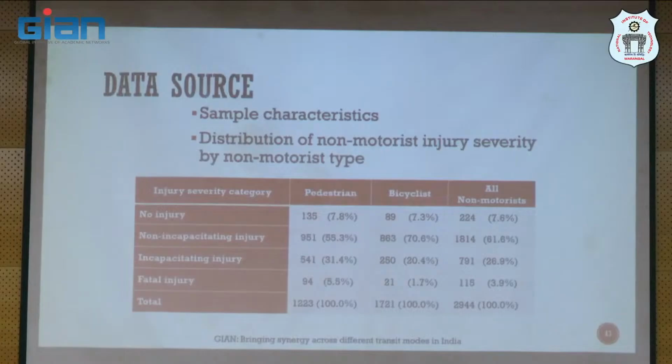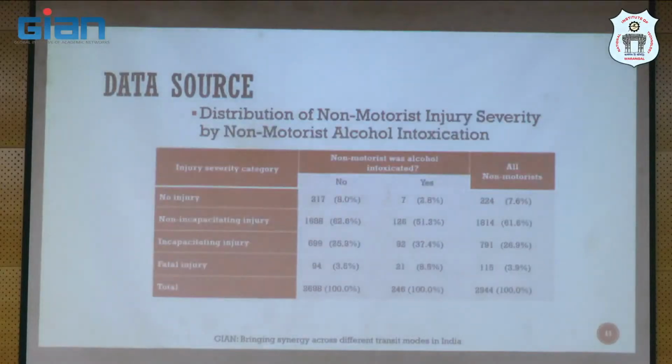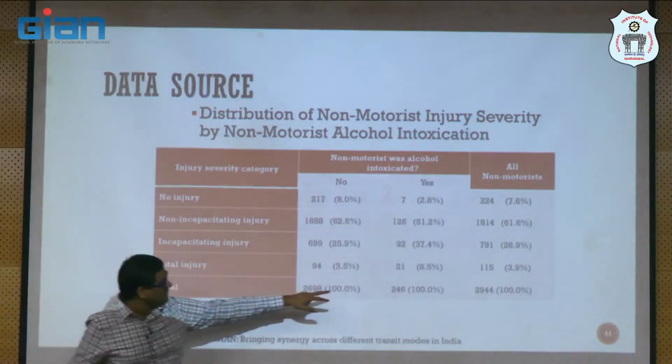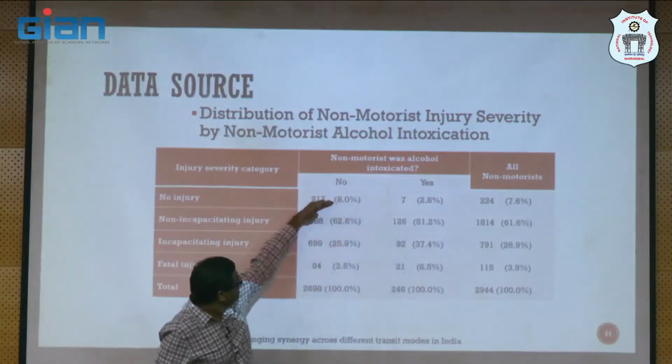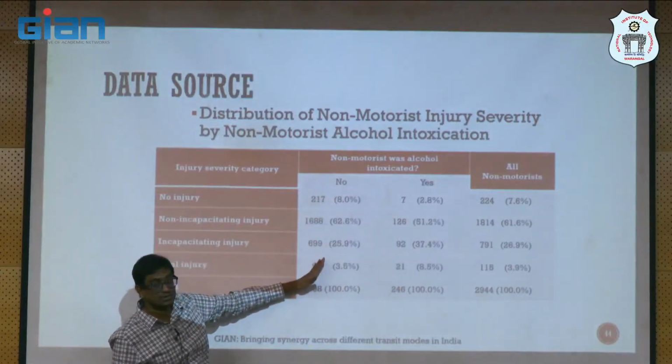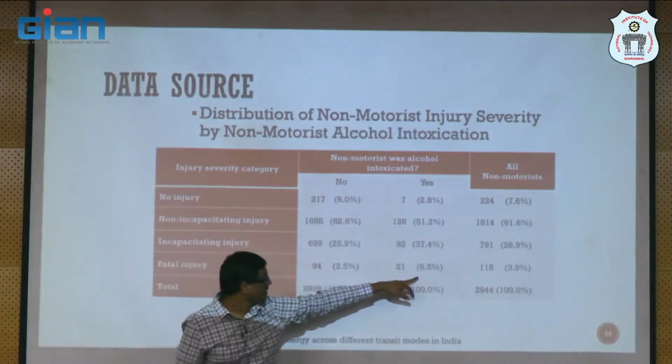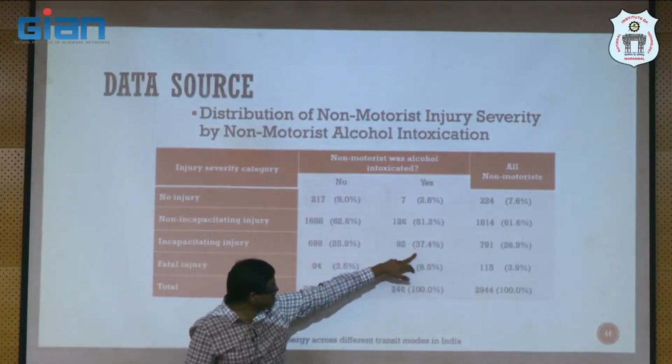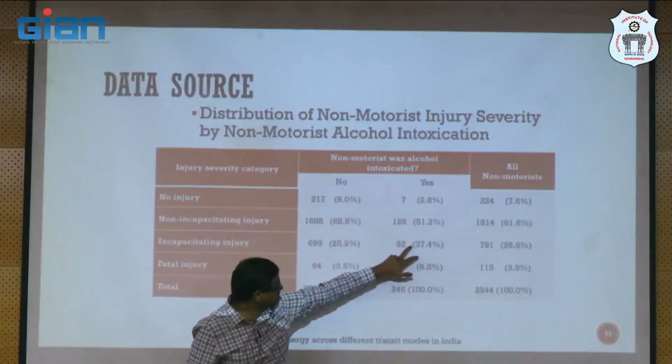So we looked at different independent variables here. Here I am looking at the effect of the non-motorist being intoxicated, meaning the non-motorist consumes alcohol. You'll see a significant change in the percentage profile. They are likely to survive with a higher probability if they don't use alcohol. The probability for fatality increases, and not just fatality, this reduces, this increases, this increases.